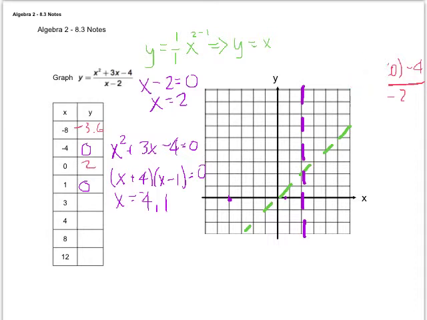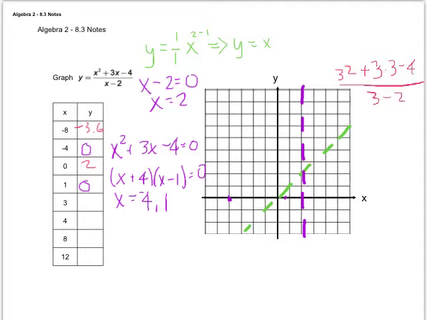We've done 1, but if you wanted to check 1, it would be 1 squared plus 3 times 1 minus 4 over 1 minus 2, which should give you 0. And then 3 squared plus 3 times 3 minus 4 over 3 minus 2.